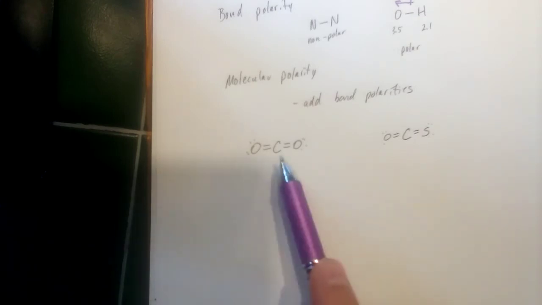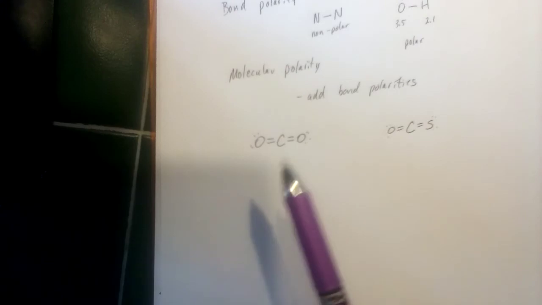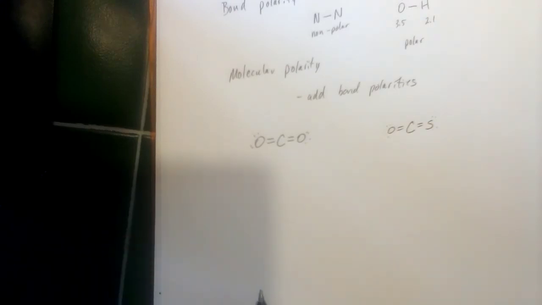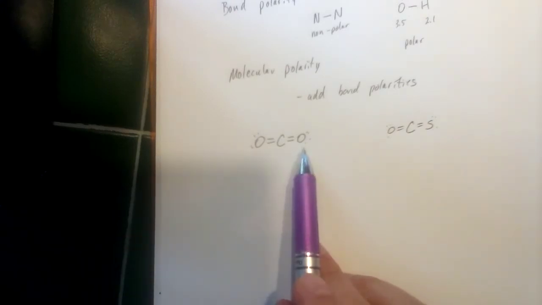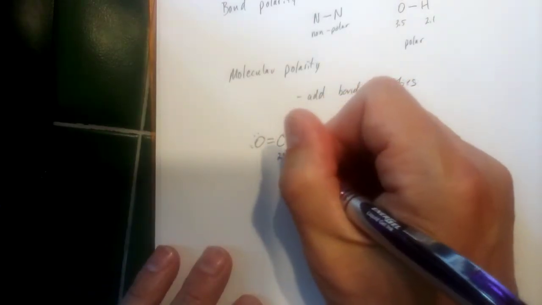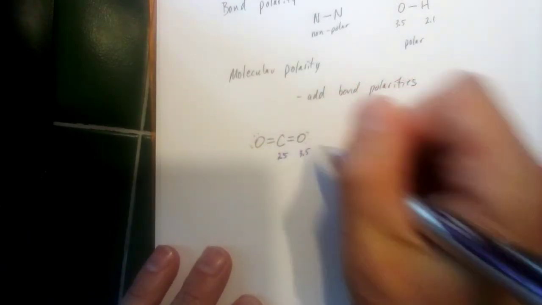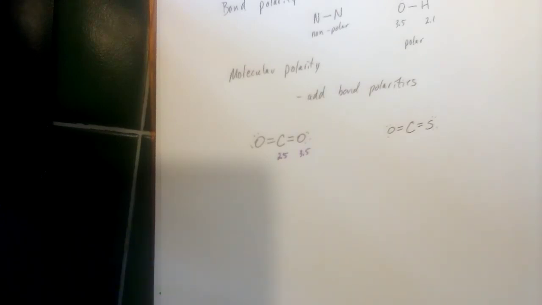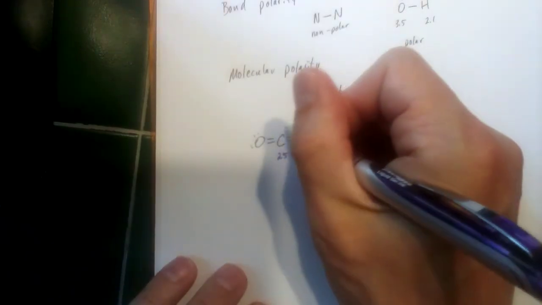If we look at the first one here, carbon dioxide, we can look up the electronegativity differences between carbon and oxygen. Carbon's 2.5 and oxygen's is 3.5. So that's a reasonably big difference. These are polar bonds. But the important thing here is we want to think about how the bonds relate to the other bonds in a molecule.